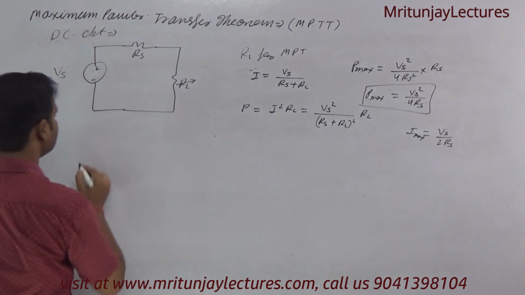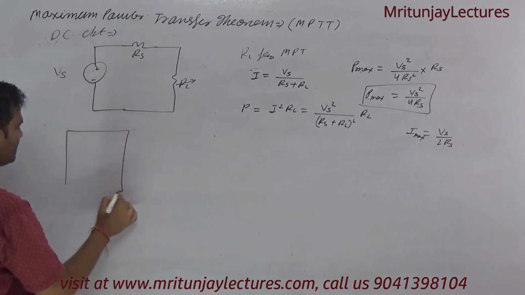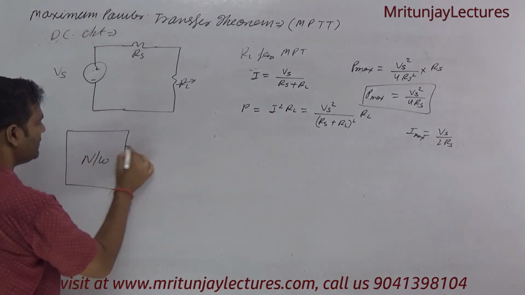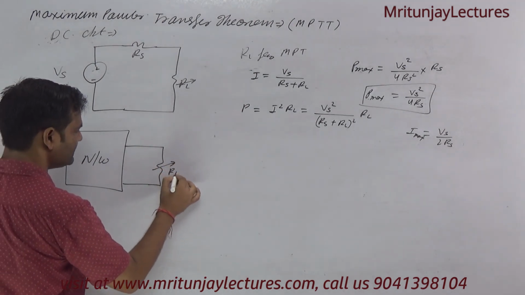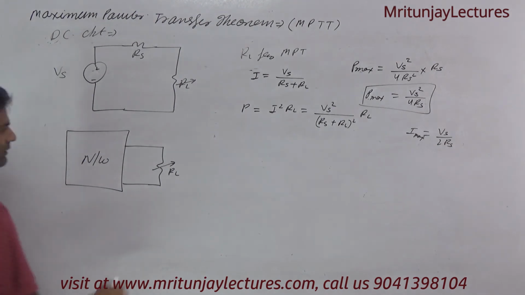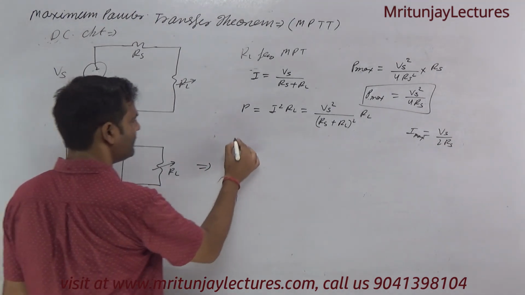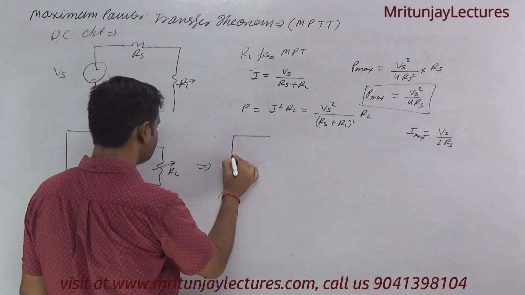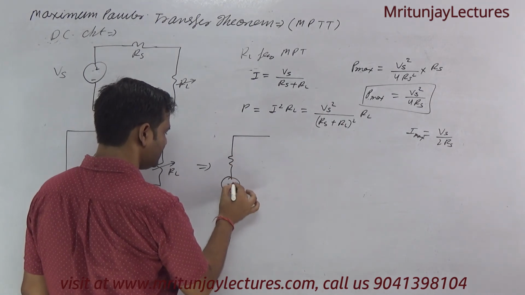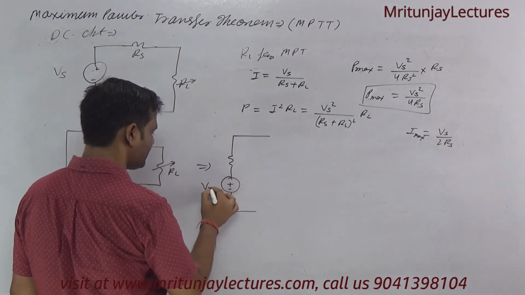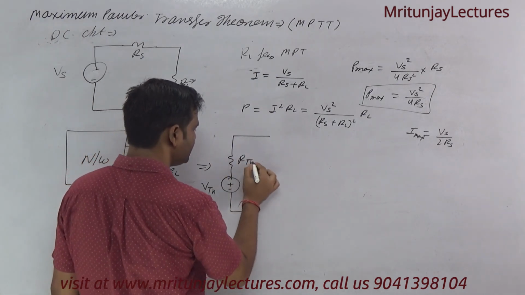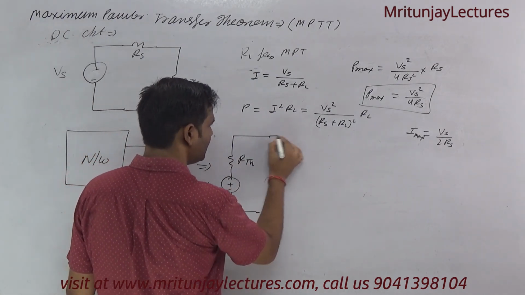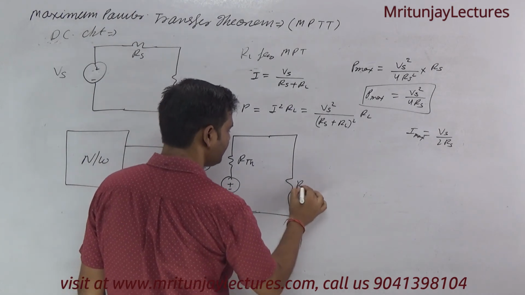Most of the time the circuit is given like this one, and we have an RL like this one. So first of all, this circuit is converted into VTH, then RTH, and that terminal connects to RL.